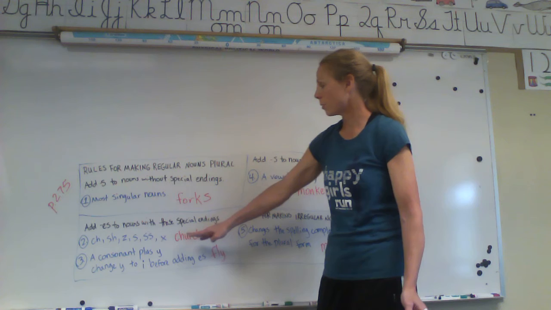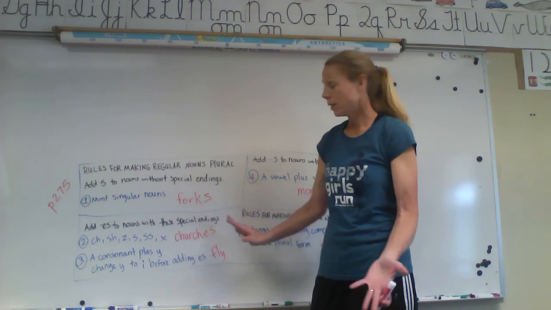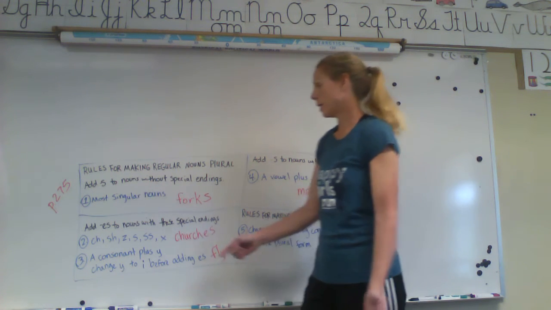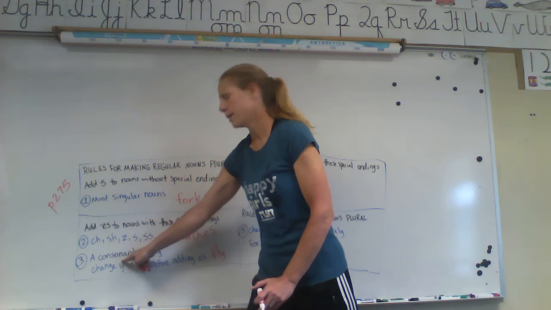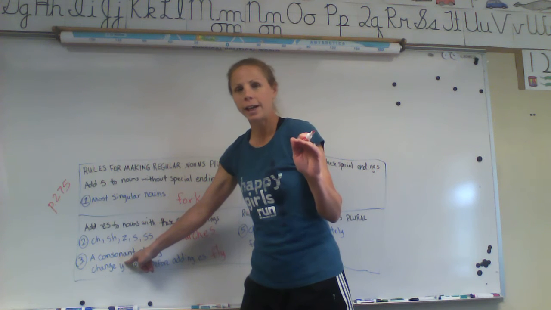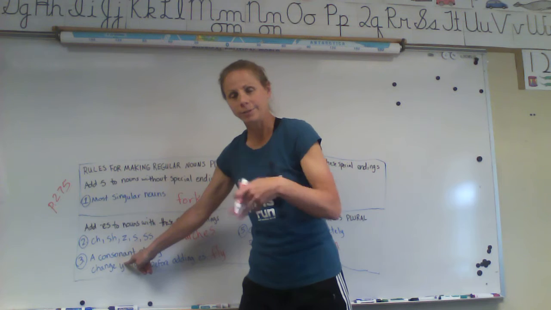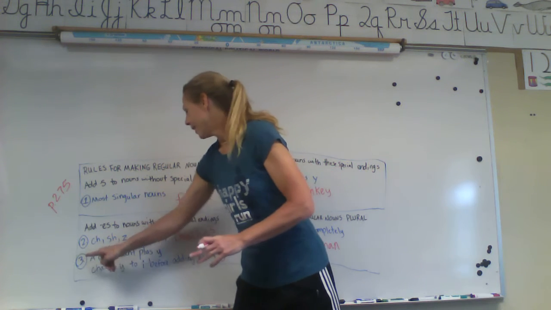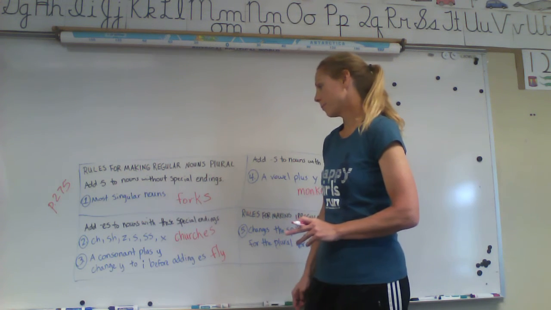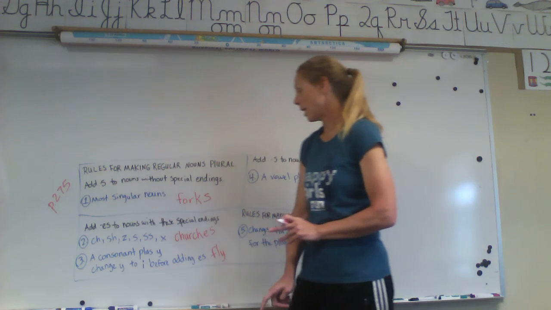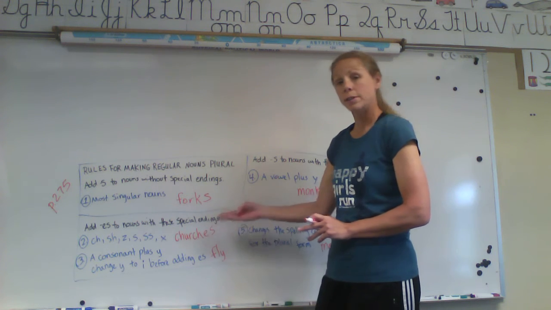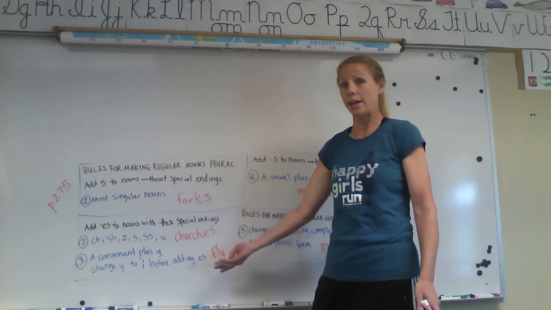Rule 3 is another group of nouns with special endings. A consonant, not a vowel, not A-E-I-O-U, but the other letters, plus Y, and you'll change the Y to I before adding ES. An example is fly.